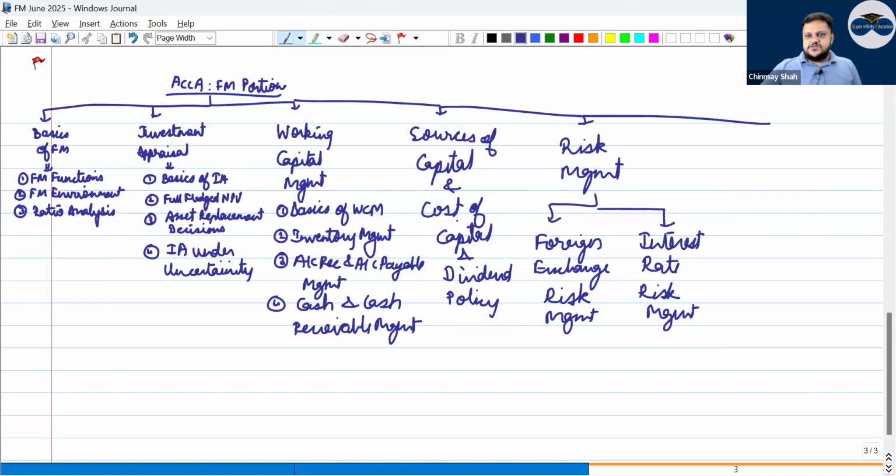Last but not the least is the part of business valuation. So these are the 6 parts of FM.